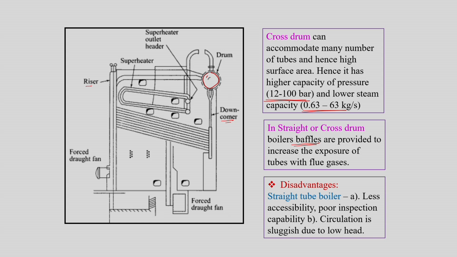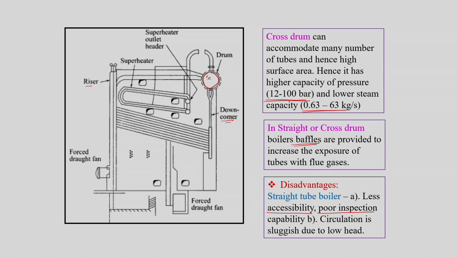Further, we can see that both the cross drum and the straight drum boilers have tubes which are straight. So, these are straight tube boilers. The straight tube boilers face a problem of lower accessibility. So, we will have lower inspection ability, so poor inspection, and further, circulation becomes sluggish since the tubes are straight.